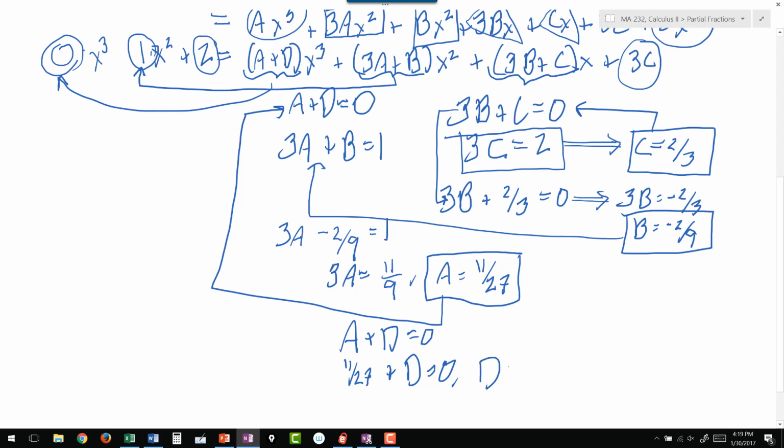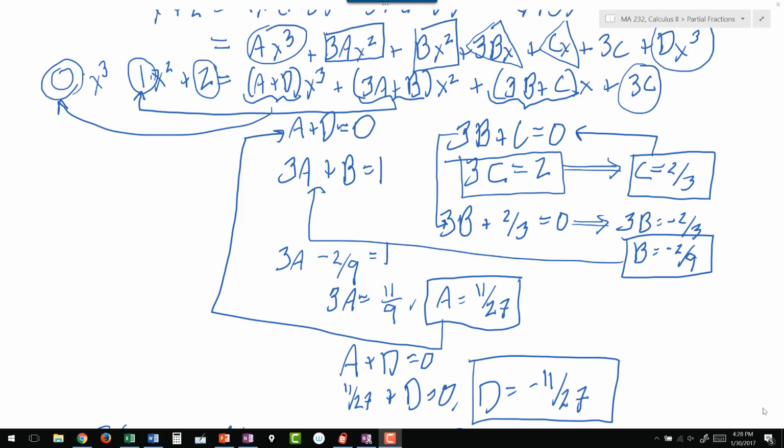So d is minus 11/27. Once we've found all of our unknowns, a, b, c, and d, it's a matter of just plugging those back in to our original decomposition and then doing the individual integrals.